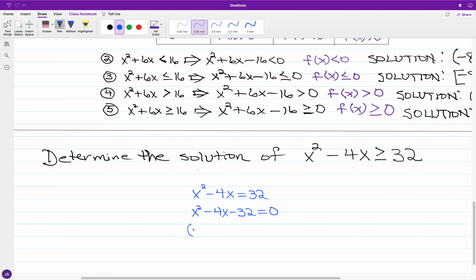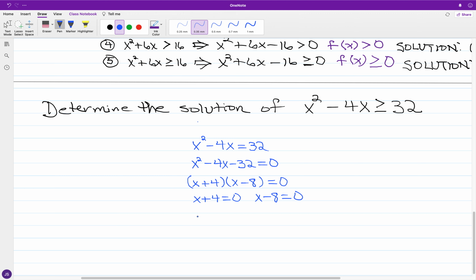And just looking at factoring, it looks like we have more weight given to the subtraction than to the addition. So I have x plus 4 is equal to 0, and x minus 8 equal to 0. If x plus 4 is equal to 0, then x is equal to negative 4. And if x minus 8 is equal to 0, then x is equal to 8.